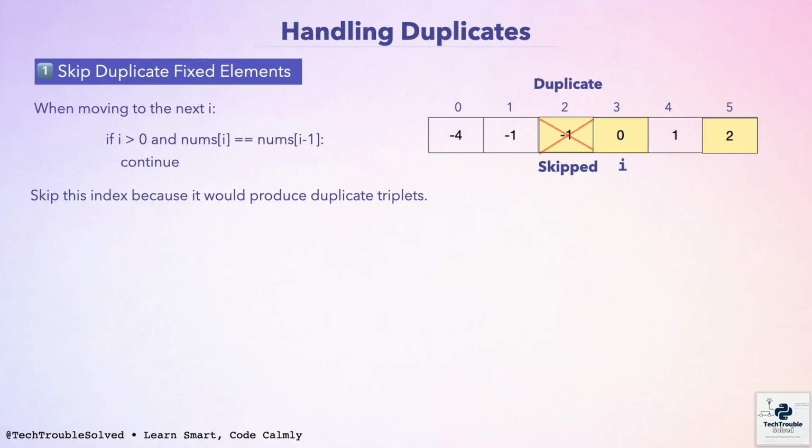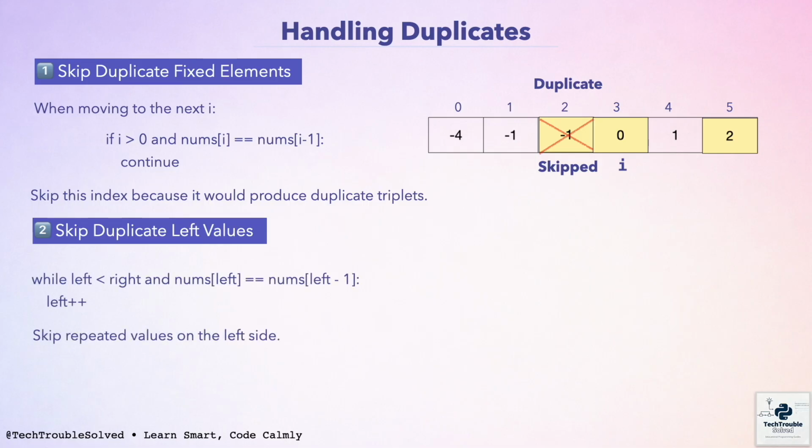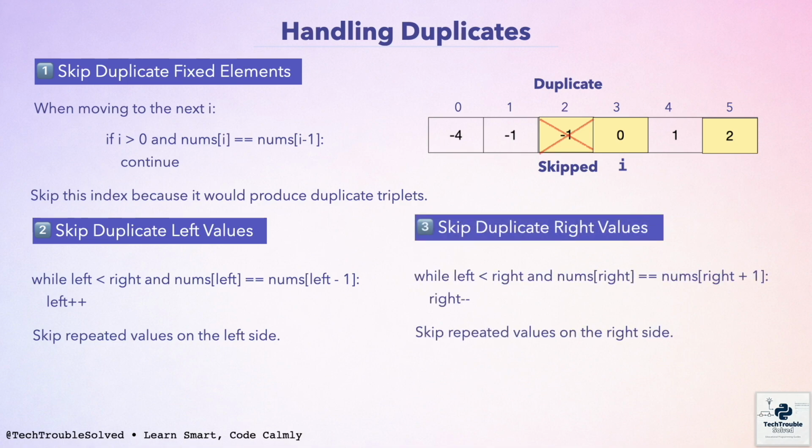Next, after we find a valid triplet, we also skip duplicate values on the left pointer. If the next value on the left is the same as the previous one, we keep moving the pointer forward. Similarly, we skip duplicate values on the right pointer.